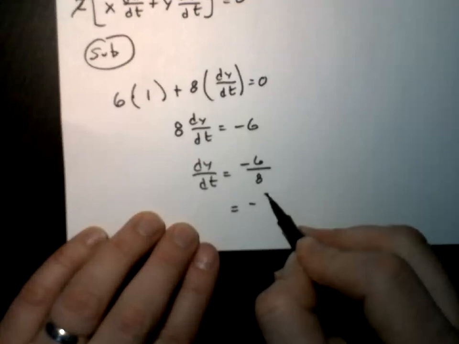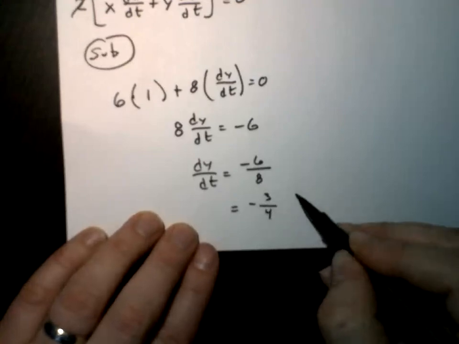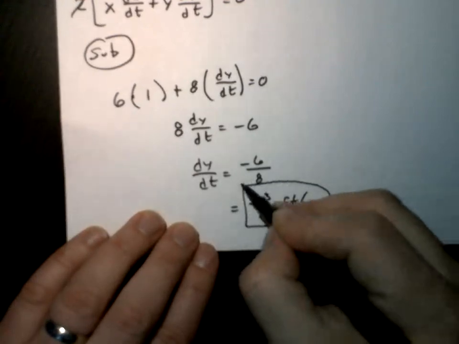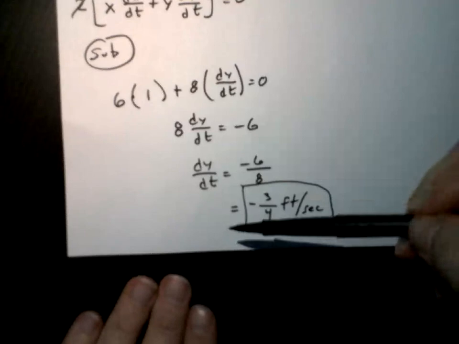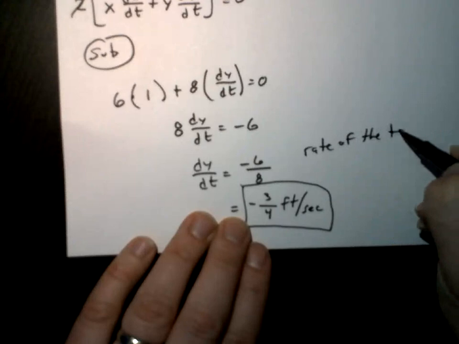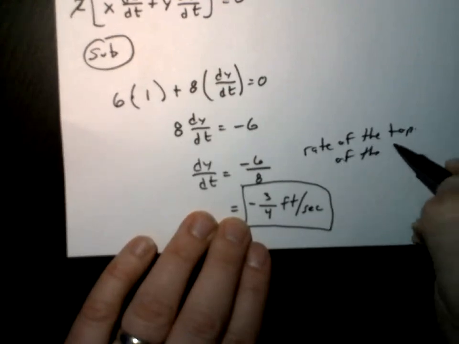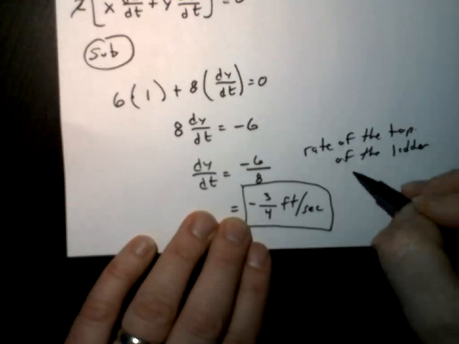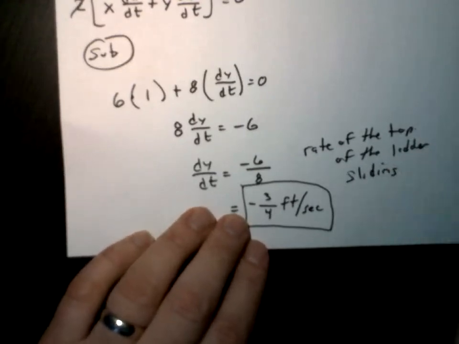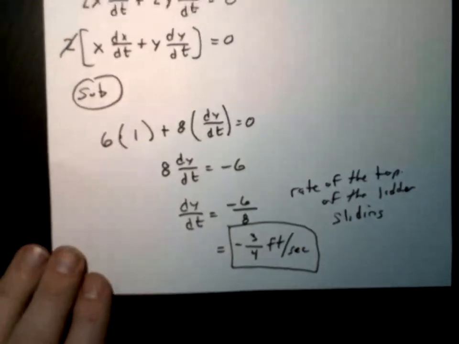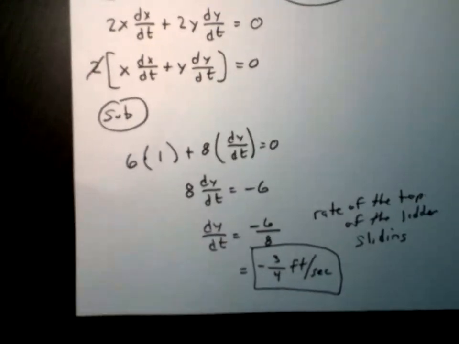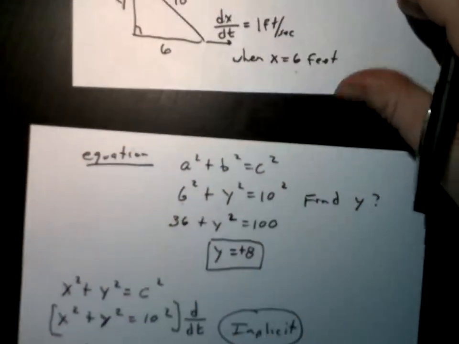And I do believe that's negative 3 over 4 feet a second. That is the rate of the ladder falling down. So this is the rate of the top of the ladder sliding. Right? That's what that is. So there you go. There's an idea about a ladder slipping down at a rate. Hopefully that worked out a little bit.